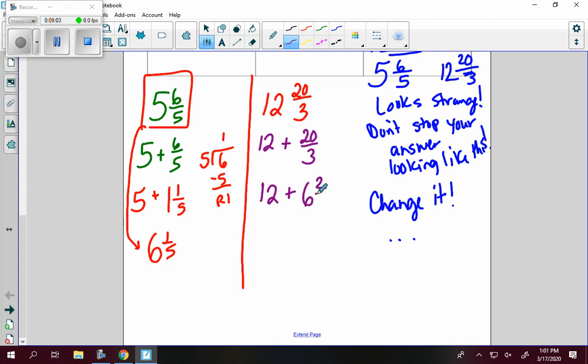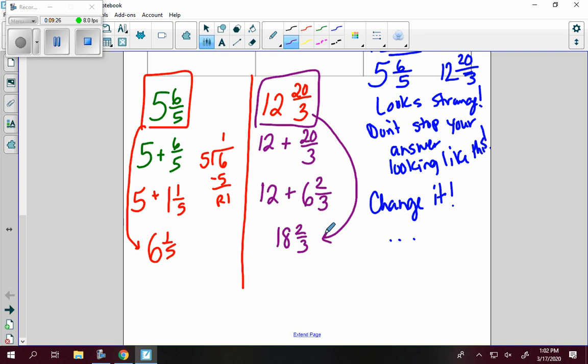Then I have 2 left over. So 20 over 3 would really be 6 2/3. Now that I have that, I'm going to add my whole number, so I have 18 2/3. So instead of writing 12 20/3, I'm going to write 18 2/3.